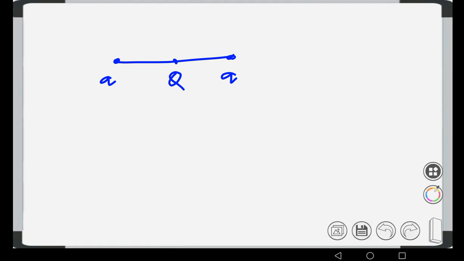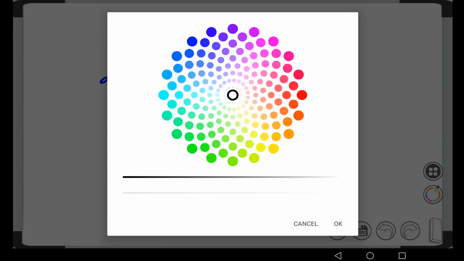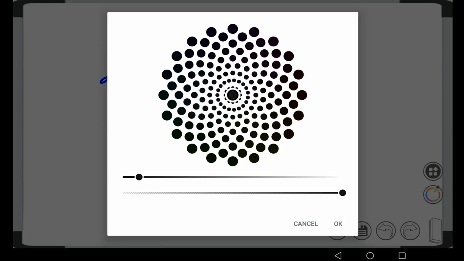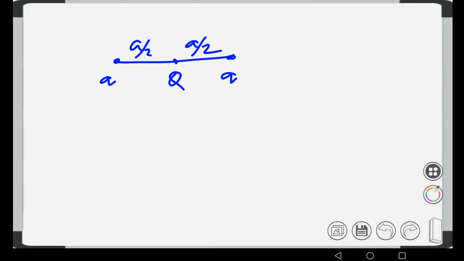Since capital Q is kept exactly in the middle of small q and small q, we know clearly that the net force on capital Q will be 0. If F1 is the force applied by this q, and F2 is the force applied by the other q, then since it is at the middle point, F1 must be equal to F2, because the charges are equal and the separation is equal.